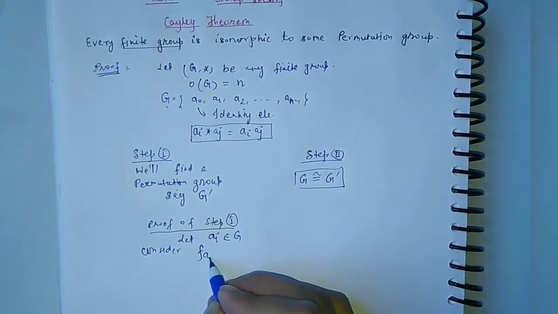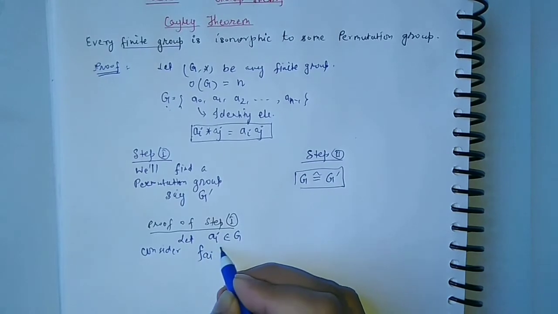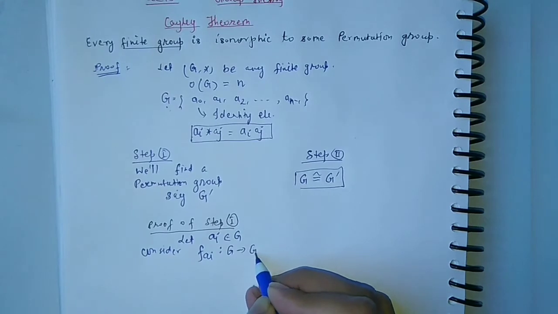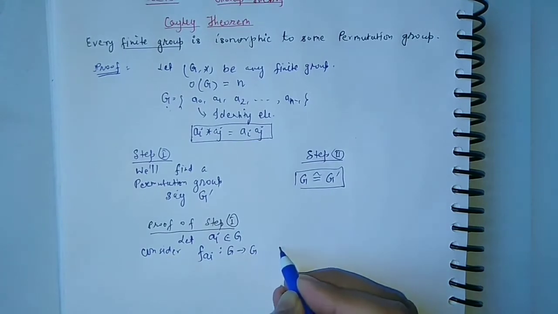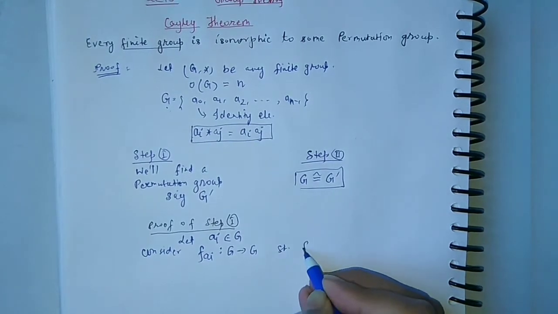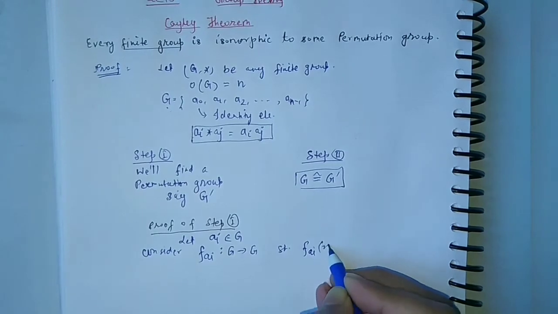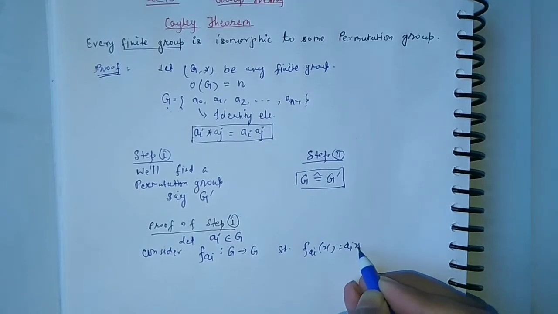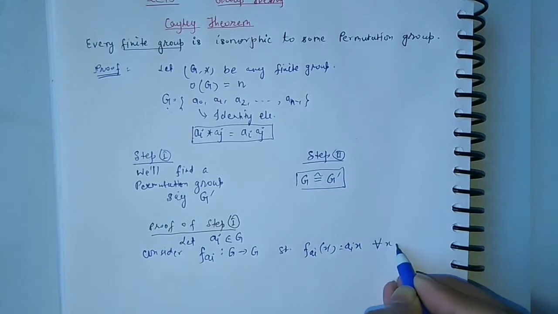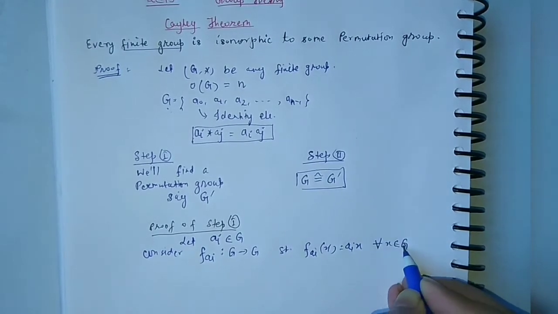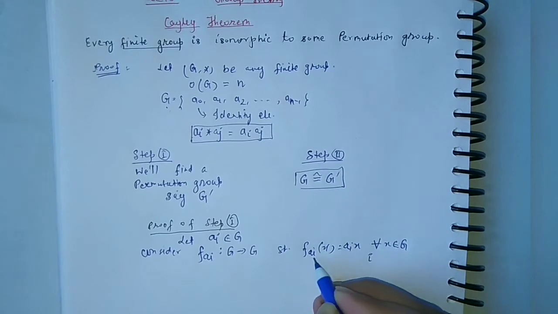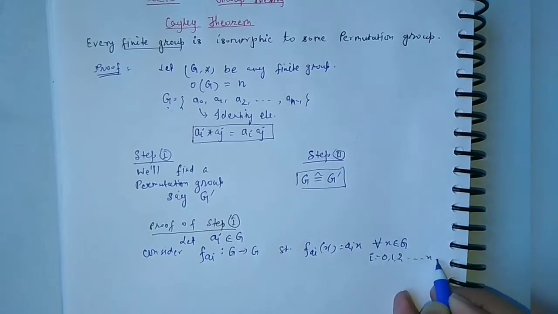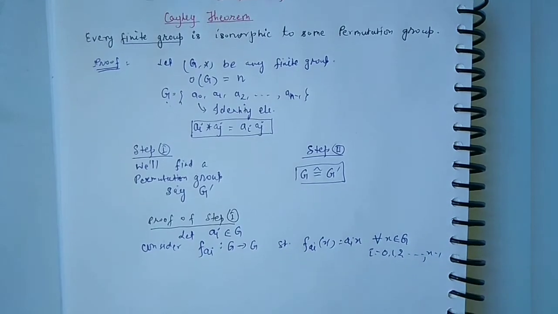So consider a function f_Ai defined on this group G, that is f_Ai is from G to G itself, such that f_Ai(x) is equal to Ai x, for all x from the group G, where i is from 0, 1, 2 up to n minus 1.